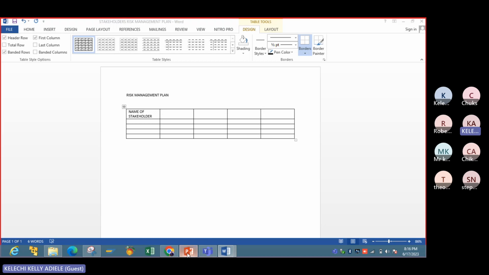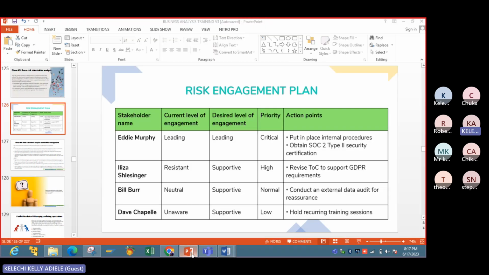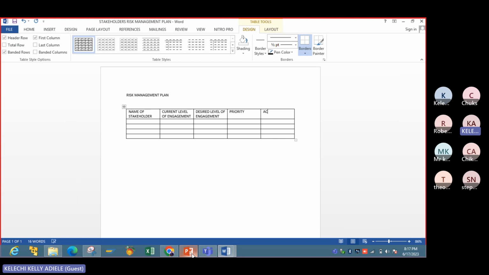So this is current level of engagement. And this is desired level of engagement, priority, action points.